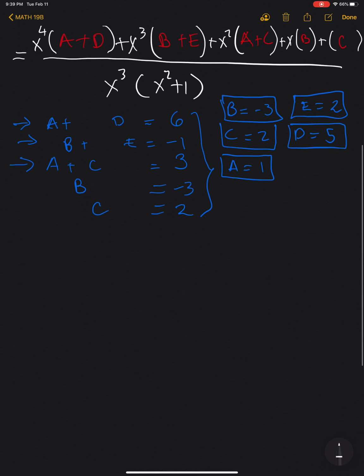So I have 6x to the fourth power minus x cubed plus 3x squared minus 3x plus 2, divided by x cubed times x squared plus 1. And now I can actually write down my partial fractions because I have the coefficients that I need. So if we look back into my original partial fraction decomposition, I'm just going to plug these coefficients into that partial fraction decomposition.